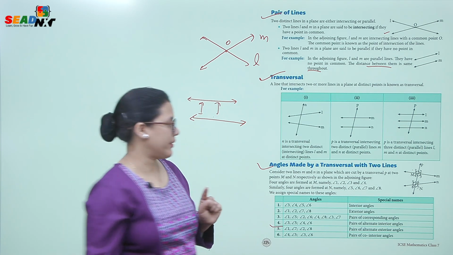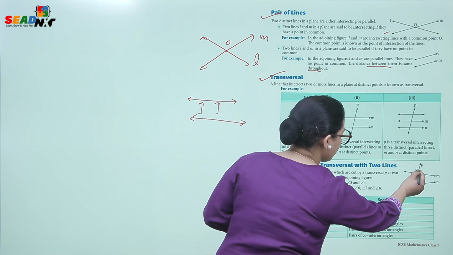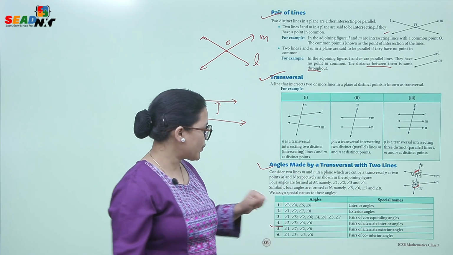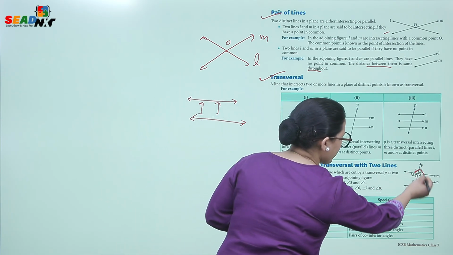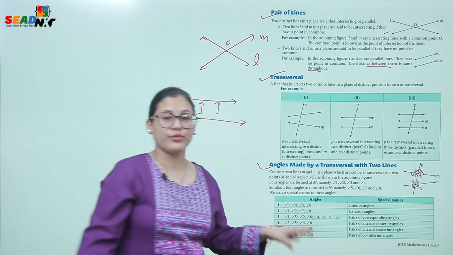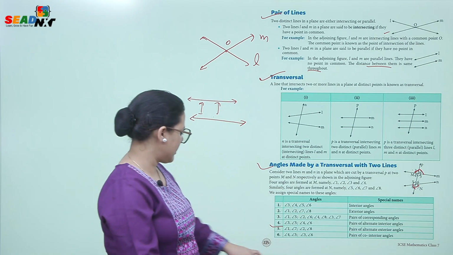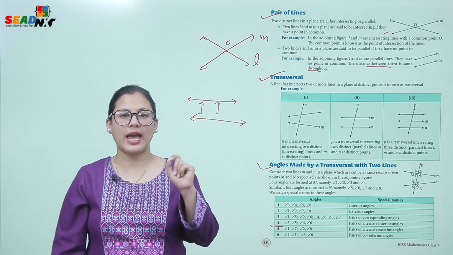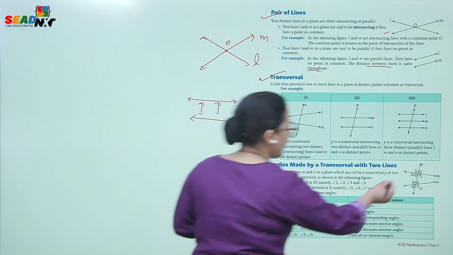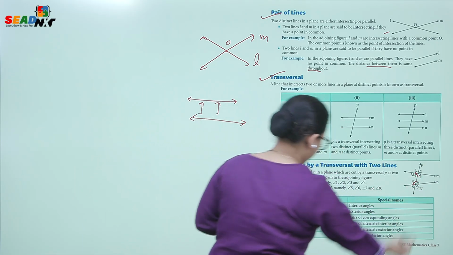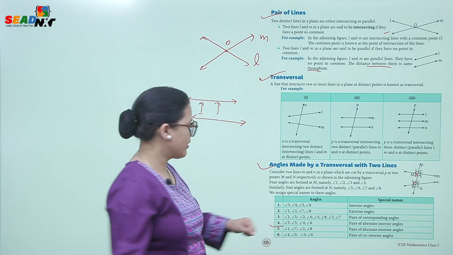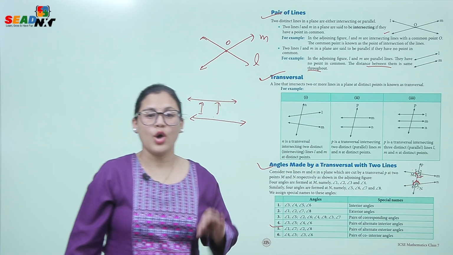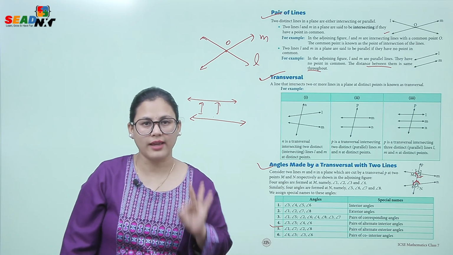Angle 1 and angle 7. And angle 2 and angle 8. These are the pairs of alternate exterior angles. These are the exterior angles. Number 6, angle 4 and angle 5. Angle 3 and angle 6. These are the pairs of co-interior angles.